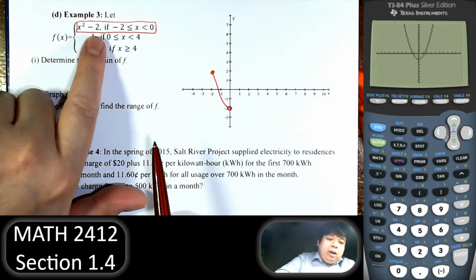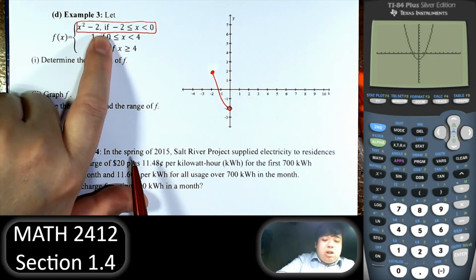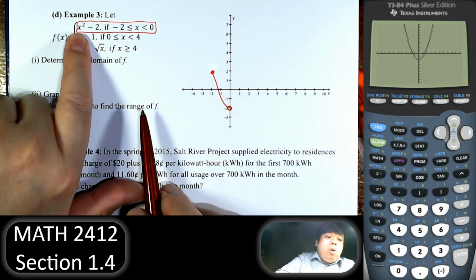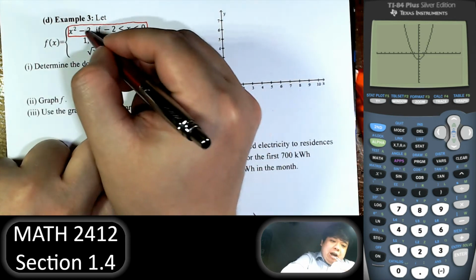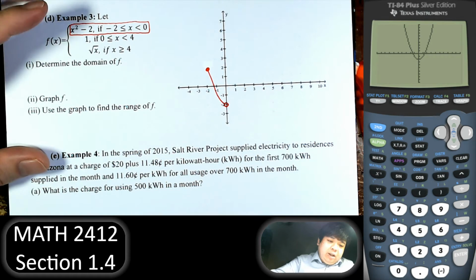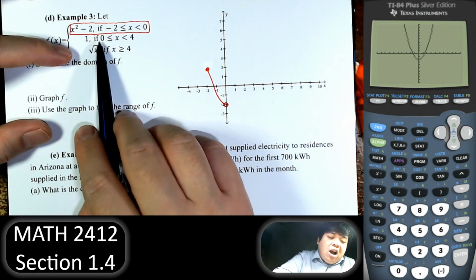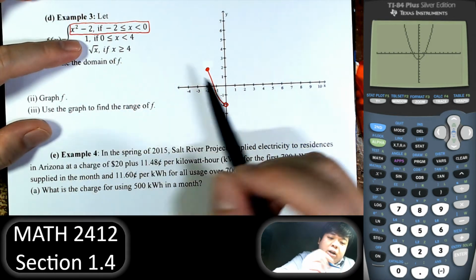If you put -2 in here, -2 squared is 4, minus 2 is 2. If you put 0 in there, you have -2. So for that part, you have that portion of the graph. Next, from 0 to 4, it is a constant equal to 1.